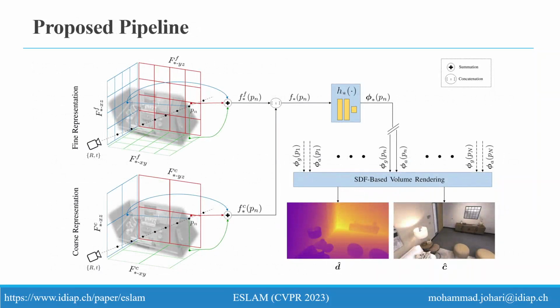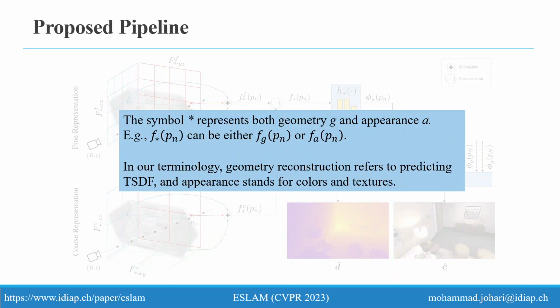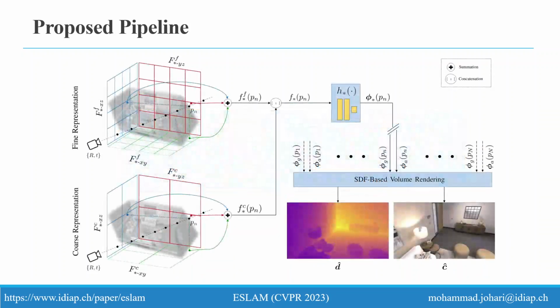Here you see our proposed pipeline. Since our representation for geometry and appearance is symmetric, we show them simultaneously in this figure with a star placeholder. We use triplane representation at coarse and fine resolutions. We cast rays from the current camera pose estimation and randomly sample points along them.